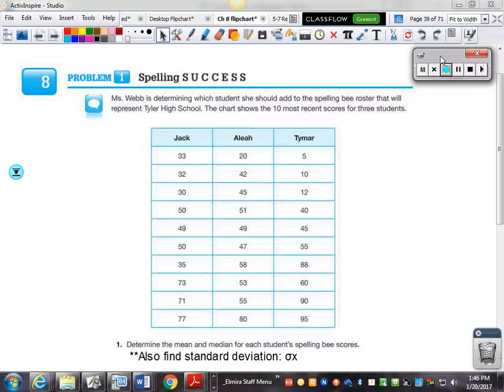Standard deviation is the topic for 8.4, and it's kind of similar to what we talked about in 8.3: when you have skewed data, the median is a better measure of central tendency, and the IQR is a value that backs up the median to say how consistent the data is with the median.